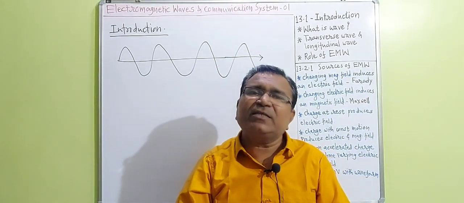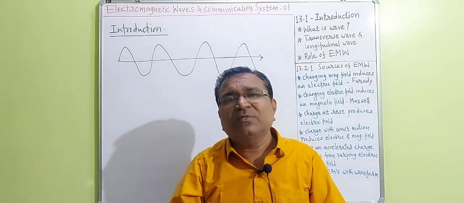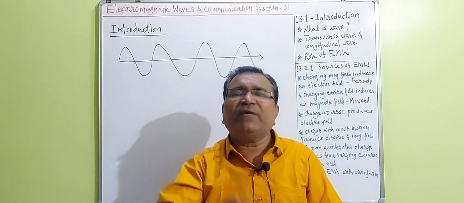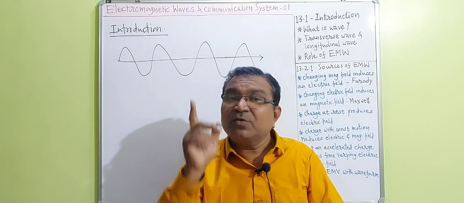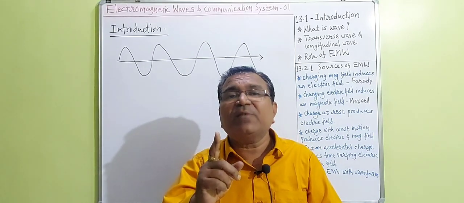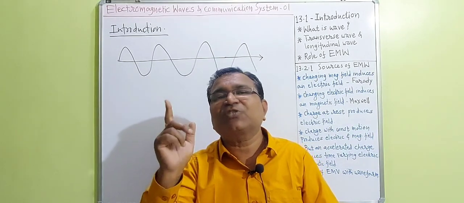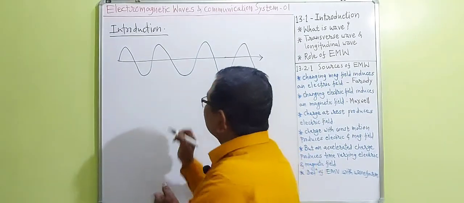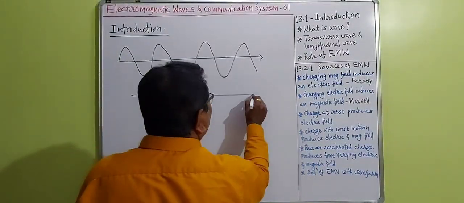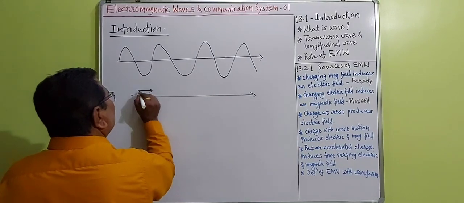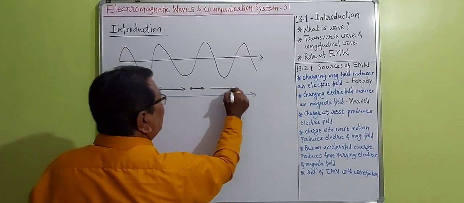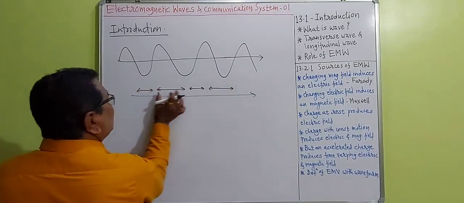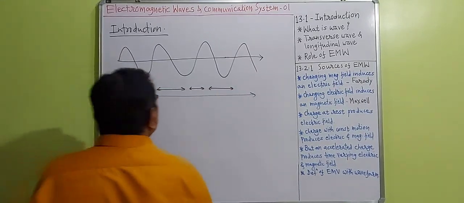Then we have already learnt the longitudinal wave. Sound wave is a very well-known example of a longitudinal wave. In a longitudinal wave, vibrating particles of the medium are parallel to the direction of propagation of the wave. The direction of propagation is like this, and the vibration of the particles is like this.